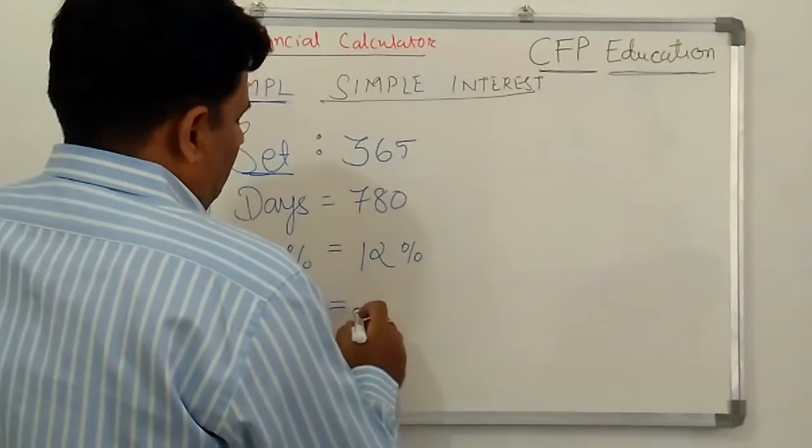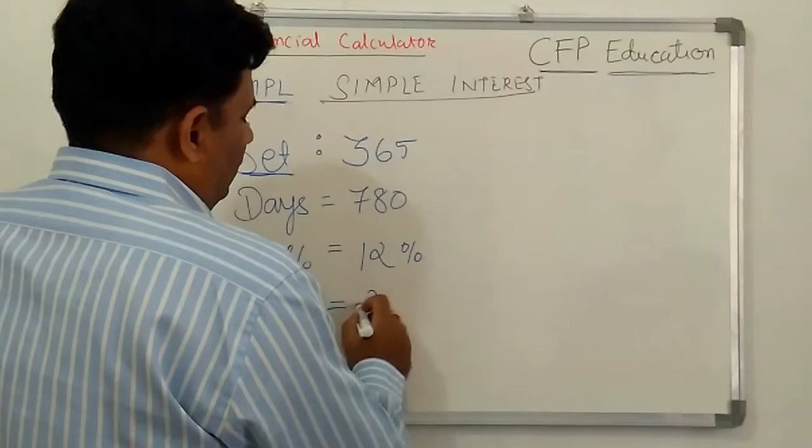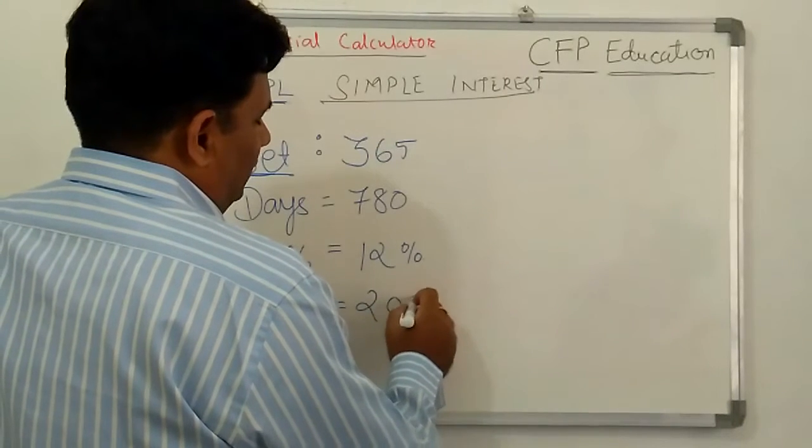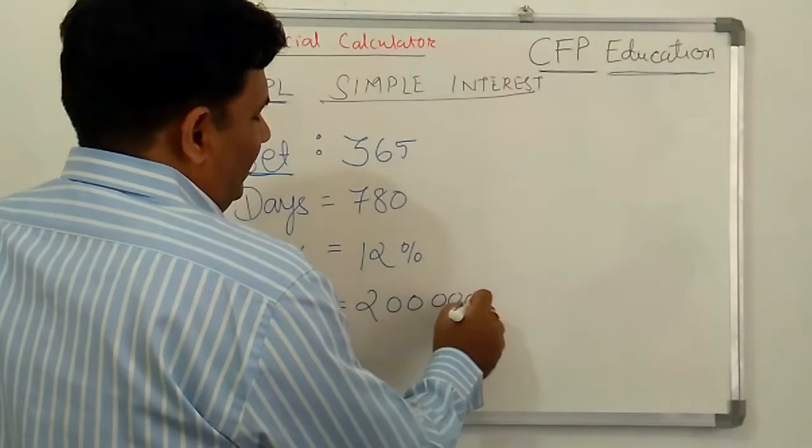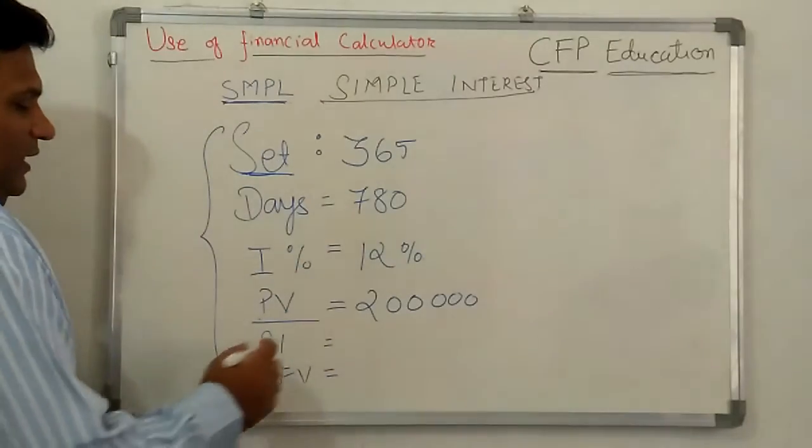If you want to calculate on 2 lakhs, type 2 lakhs as the present value, PV for present value.